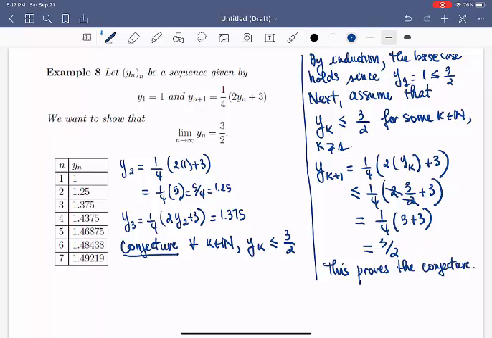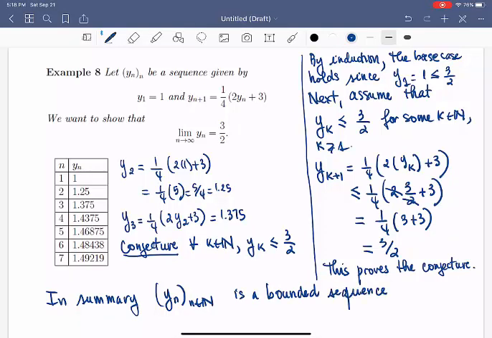Now, so in summary, the given sequence y sub n, even though we don't have a formula for y sub n, we do know that it is bounded. So this is a bounded sequence.